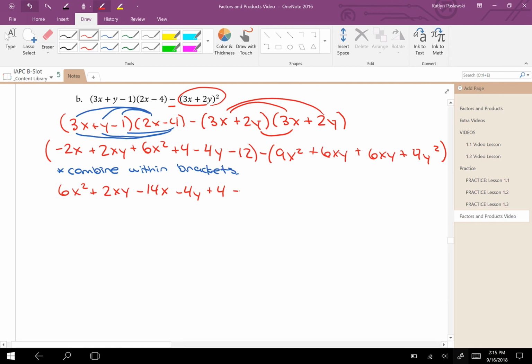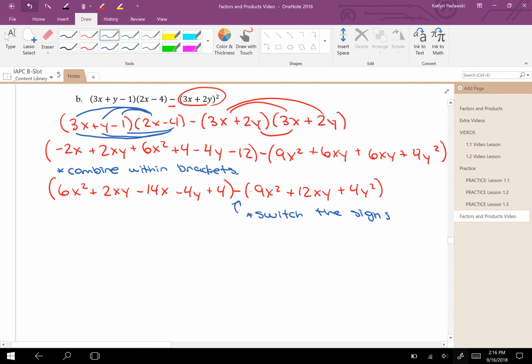And we have subtract 9x squared plus 12xy plus 4y squared. Because this is a difference, I need to now switch the signs. So this will become an addition of products.